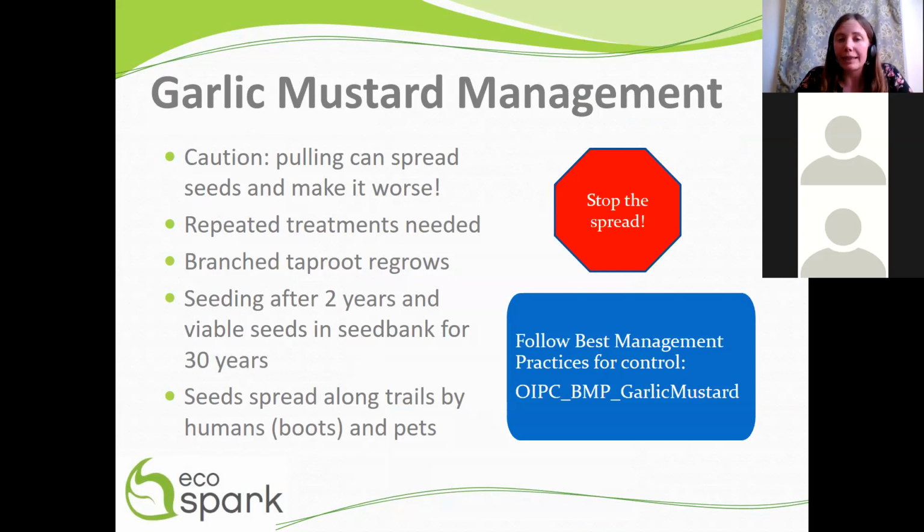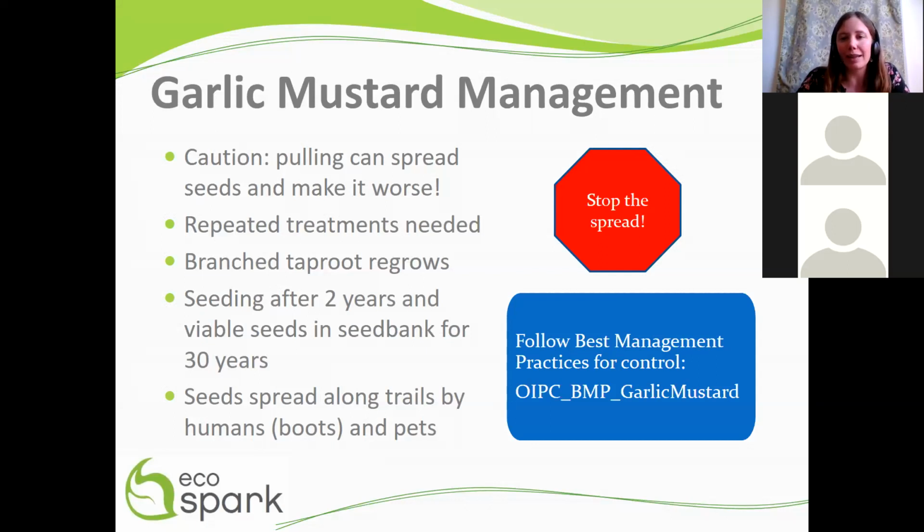So repeated treatments are needed with any best management plan. You have to have a long-term plan in place for going back, doing the pull again, for example, after it's regenerated. And note that seeds can last in the seed bank for 30 years.